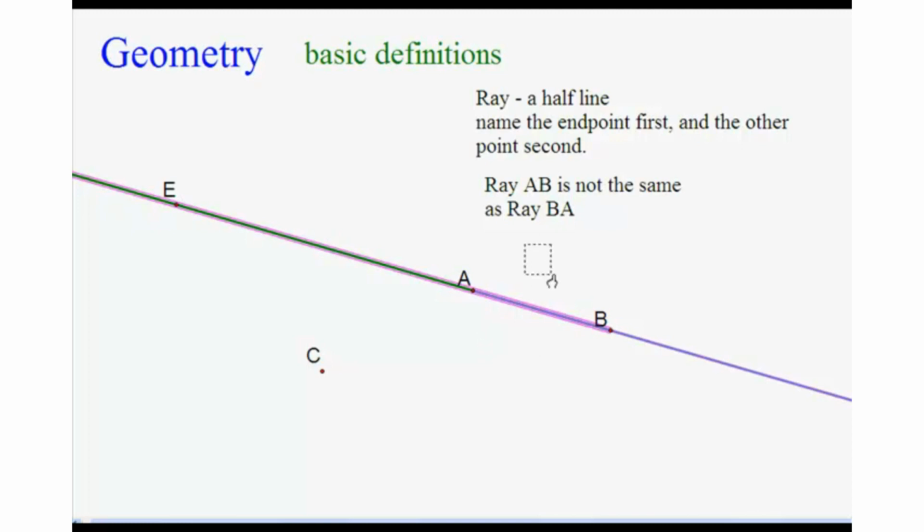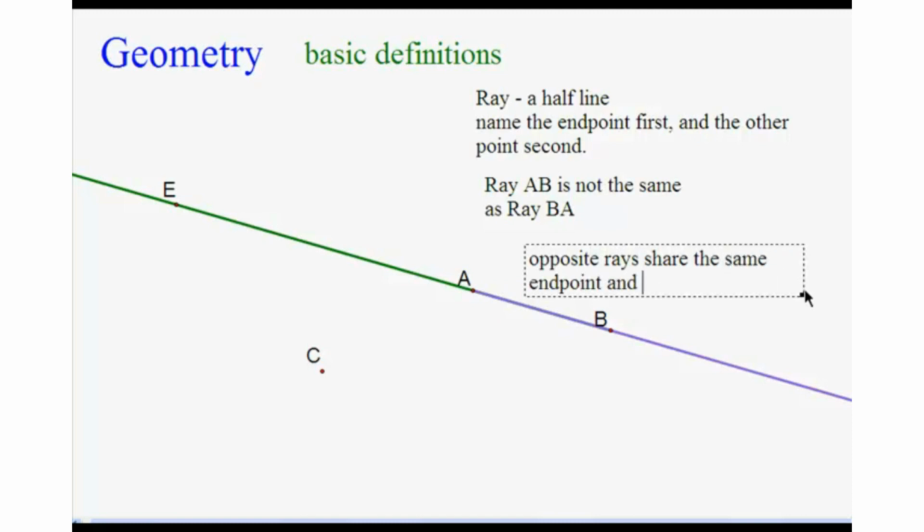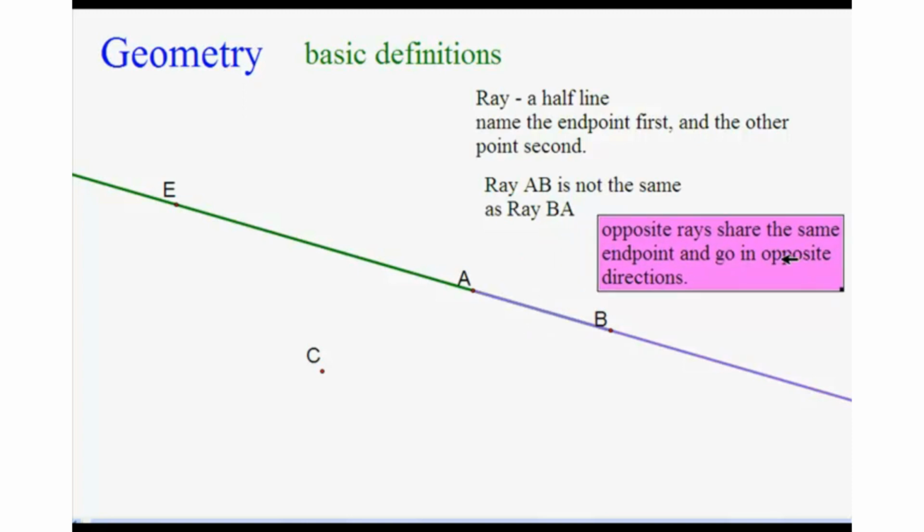So there is a concept called opposite rays that share the same endpoint and go in opposite directions. Again, it really would be two half lines that have the same endpoint. AB and AE are opposite rays.